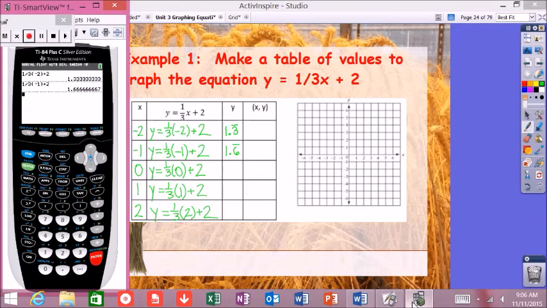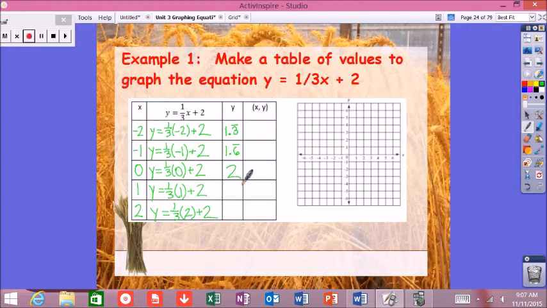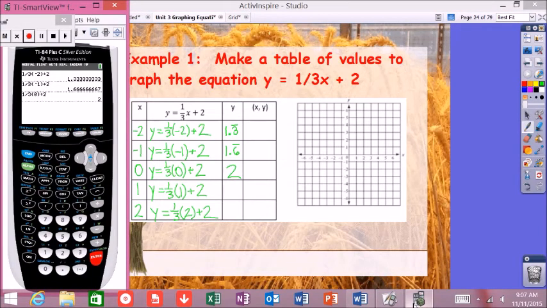Continuing the steps, second enter recalls the same function. I'm going to use my left arrow key to go over and change -1 to a 0. Press enter. And this solution is 2. Second enter.